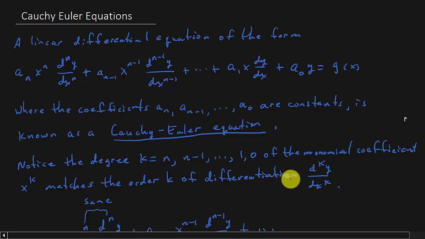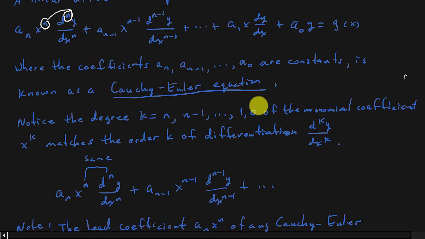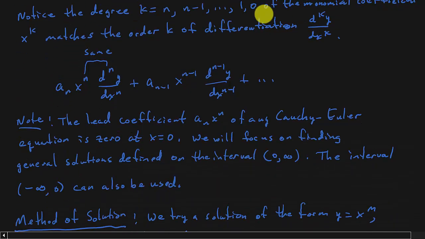So basically what they're saying here is the exponent here matches the nth order derivative. Just writing it again, like I'm showing you here, these are the same.